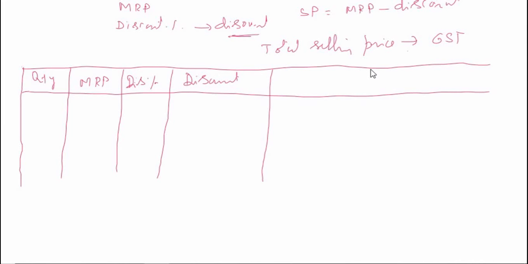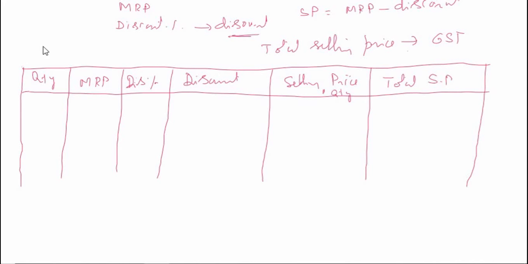Once you know the discount, you can calculate the selling price. Now selling price is for 1 QTY. Here this is the total selling price. So these are the columns.